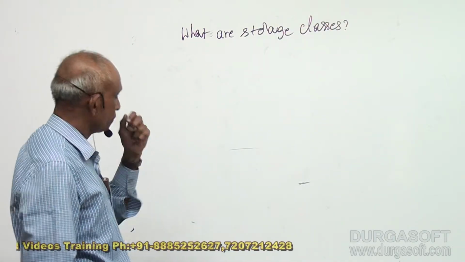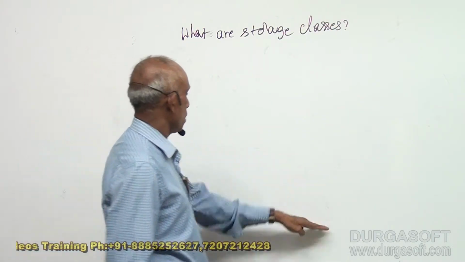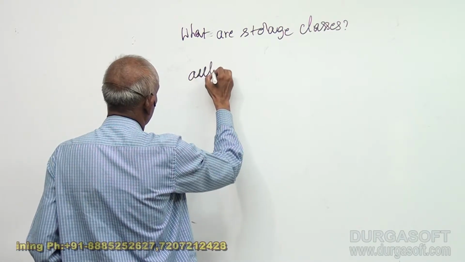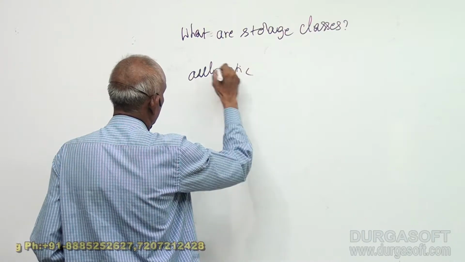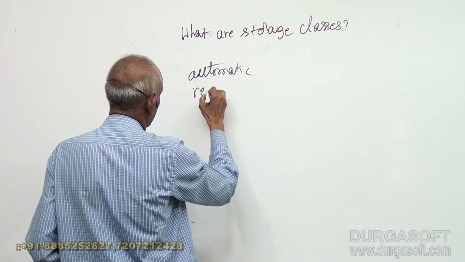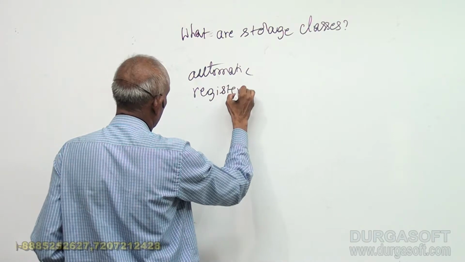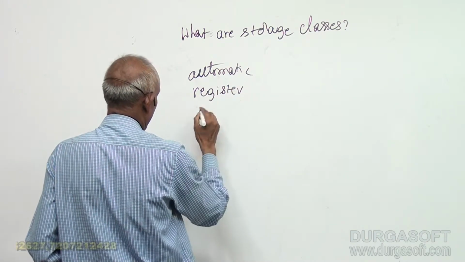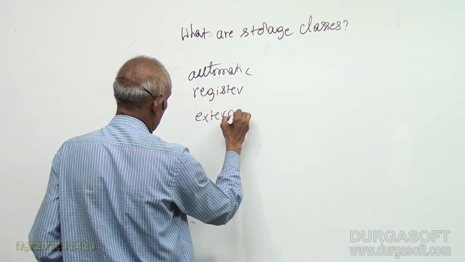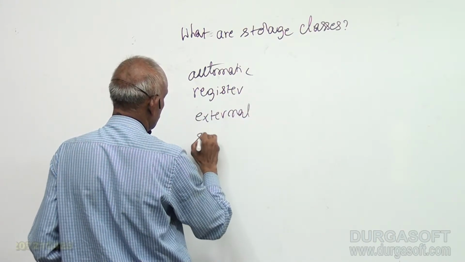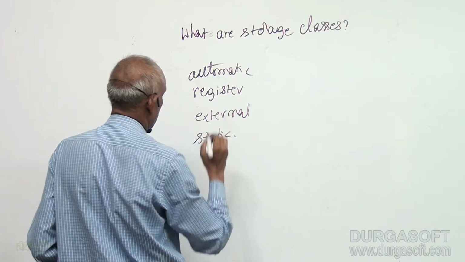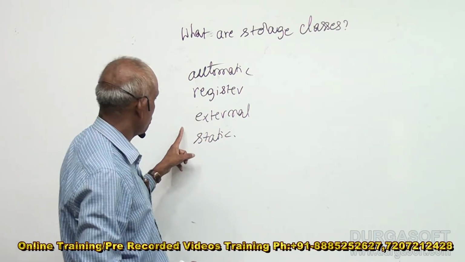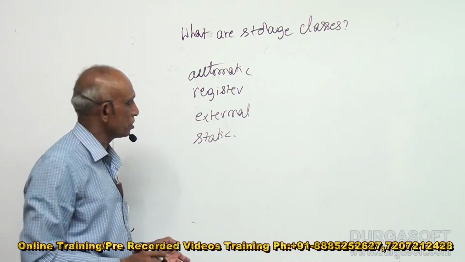Storage classes are automatic, register, external, and static. That means automatic, register, external and static. There are 4 types of storage classes.